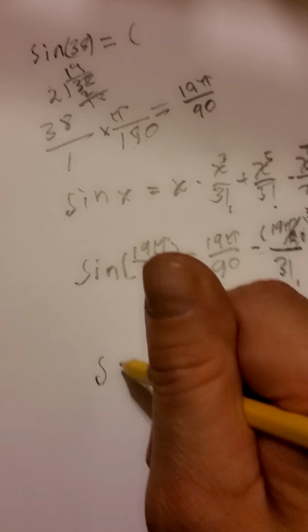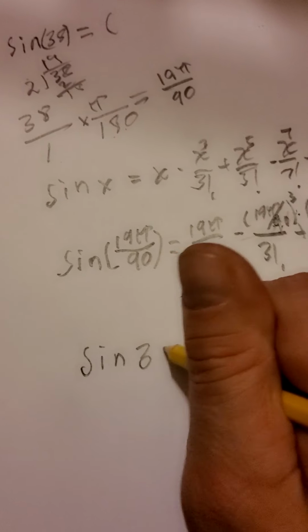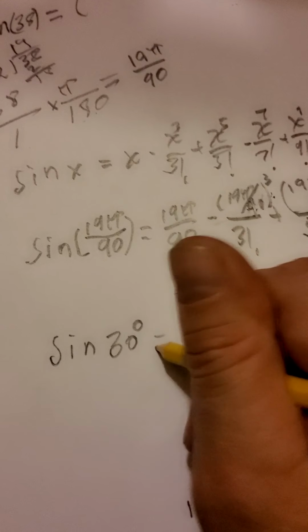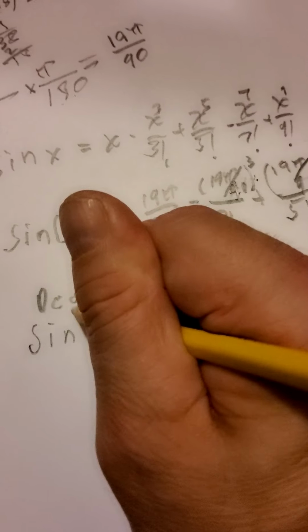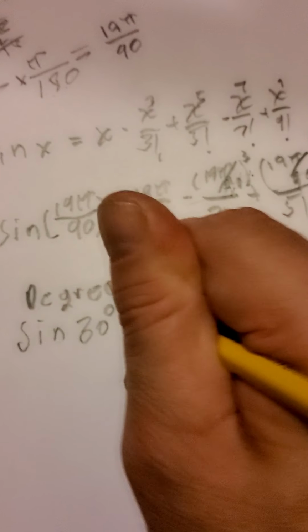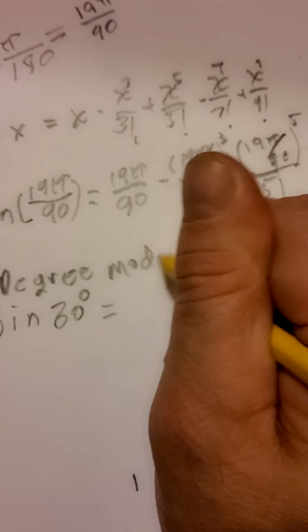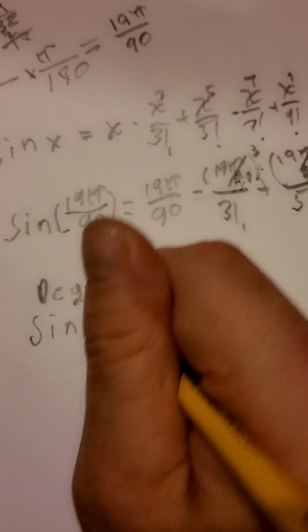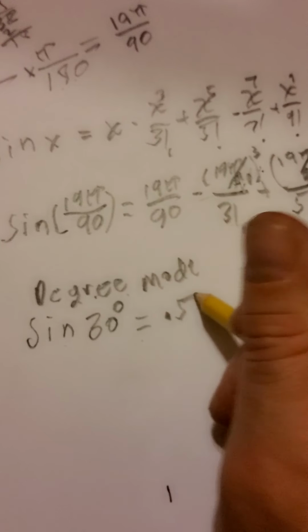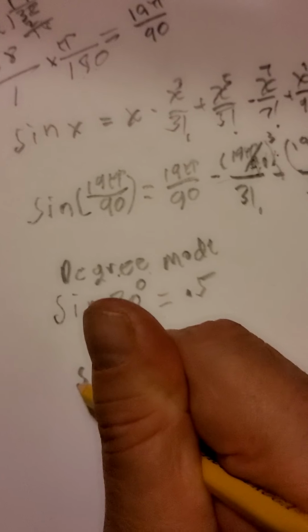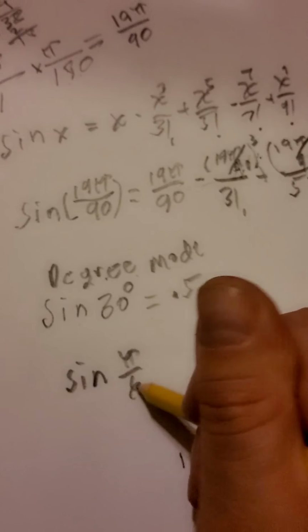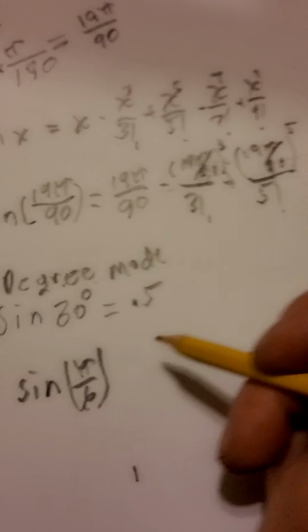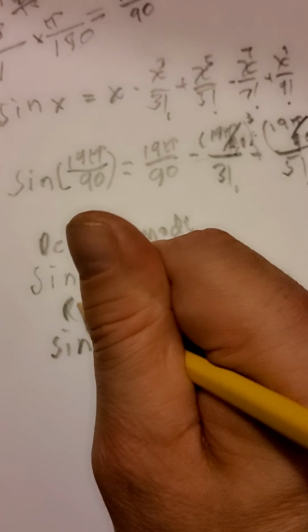And just like I said, if you're in degree mode on your calculator and you hit sine 30 degrees, it'll be 0.5. If you hit sine pi over 6, you have to be in radian mode on a scientific calculator.